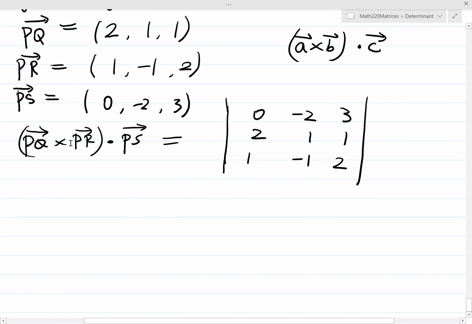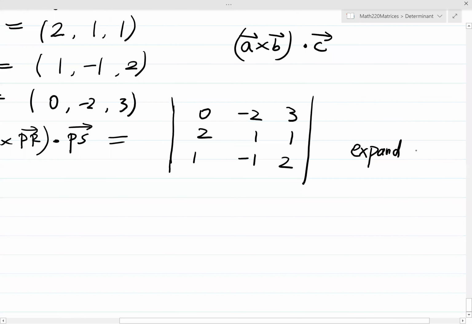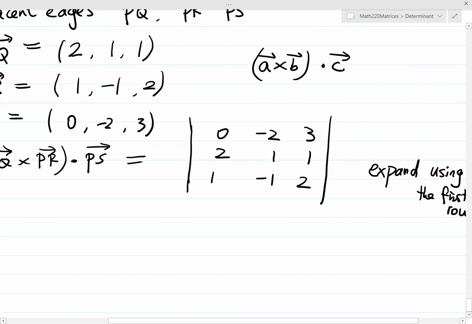We use the following rule. We transform this 3 by 3 determinant into 2 by 2 determinants. We expand it using the first row. The first row is 0, -2, 3.